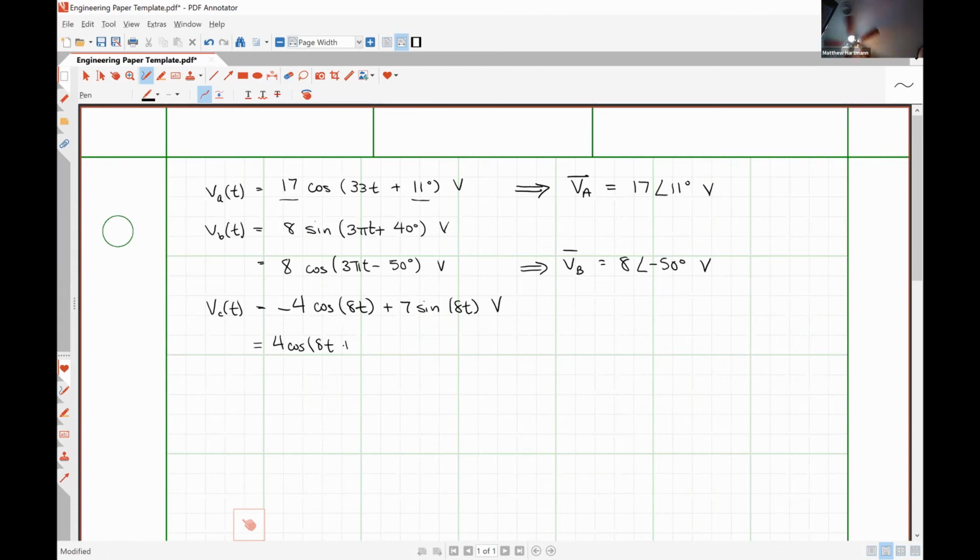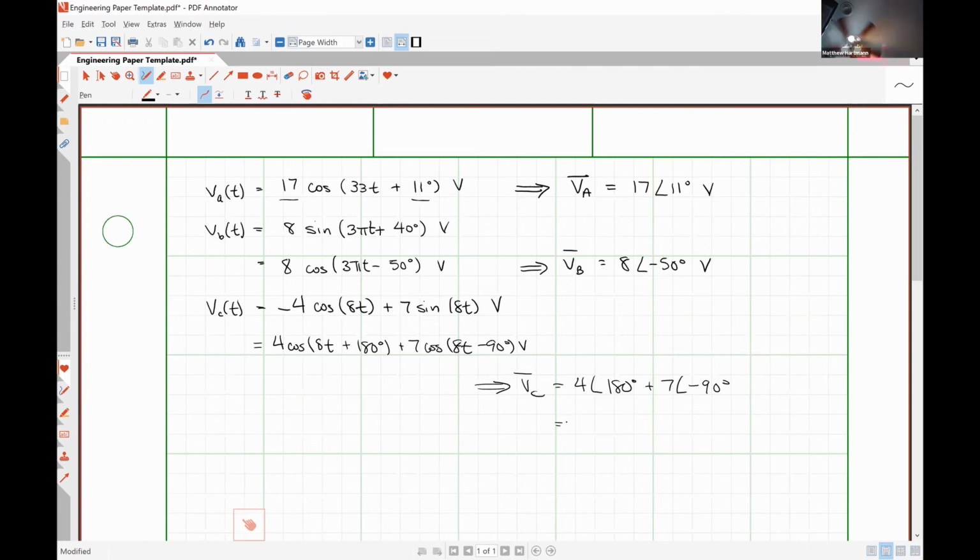Doesn't matter here, so I'm just going to do plus, plus 7 cosine 8t minus 90 degrees volts. So VC would be 4 angle 180 degrees plus 7 angle minus 90 degrees.